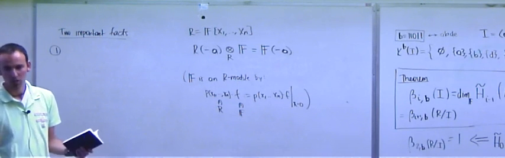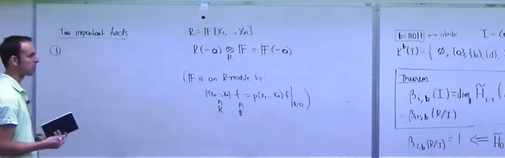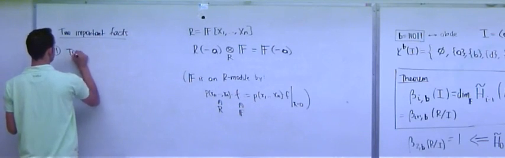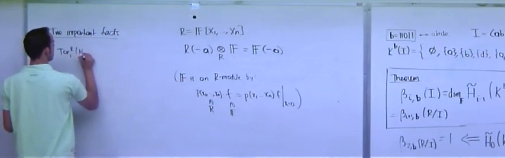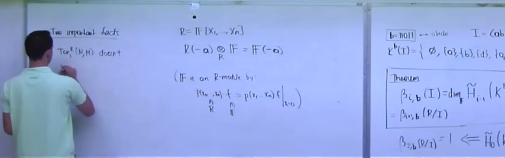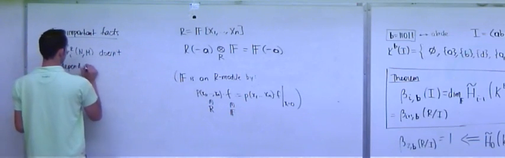So we could have chosen any free resolution, and we would have gotten the same guy. So Tor_i^R(M, N) doesn't depend on the free resolution that we chose.